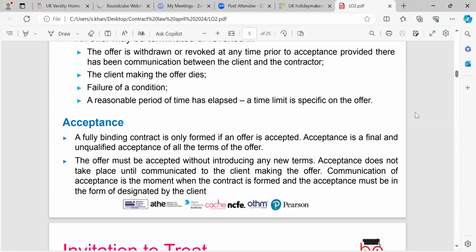Another really important case in regards to acceptance is the case of Brogden against Metropolitan Railway, 1877. In this, the claimants were the suppliers of coal to the defendant railway company. They had been dealing for some years on an informal basis with no written contract. The parties agreed that it would be wise to have a formal contract written. The defendant drew up a draft contract and sent it to the claimant. The claimant made some minor amendments and filled in some blanks and sent it back to the defendant.